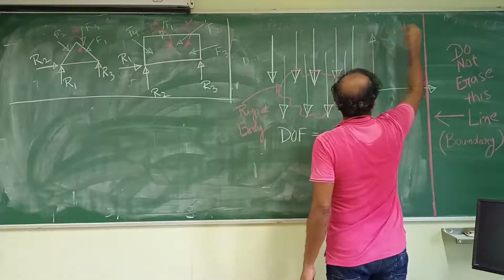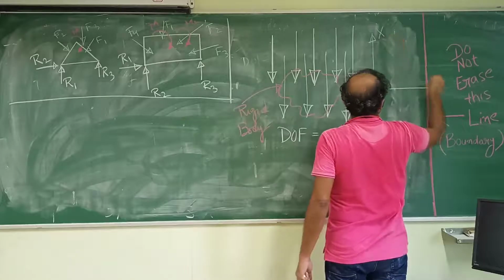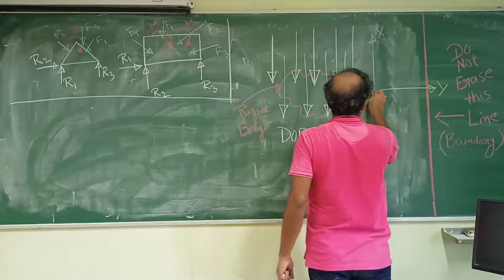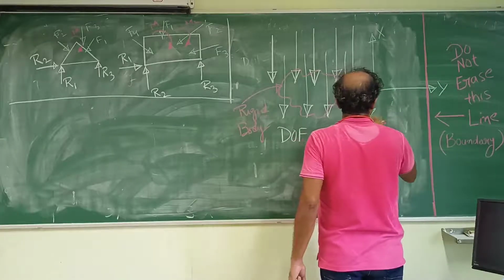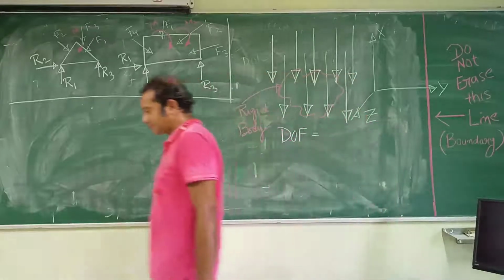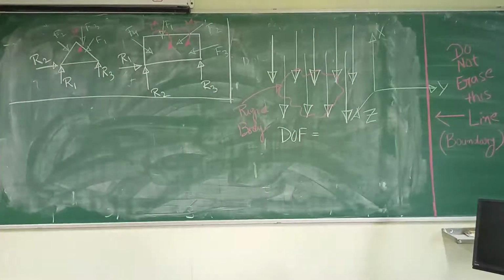Let's say this is your x, y and z. Then in what possible ways could the motion occur?